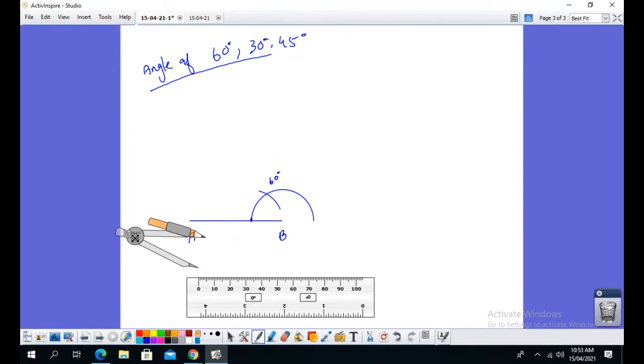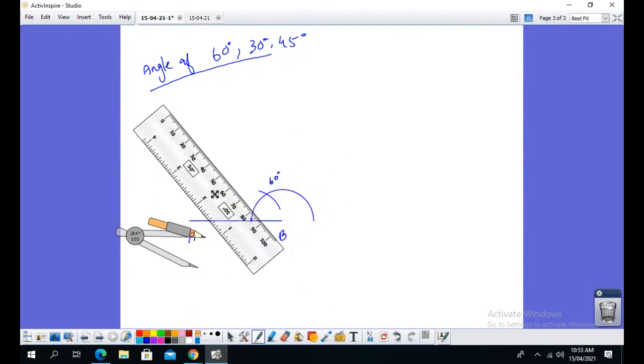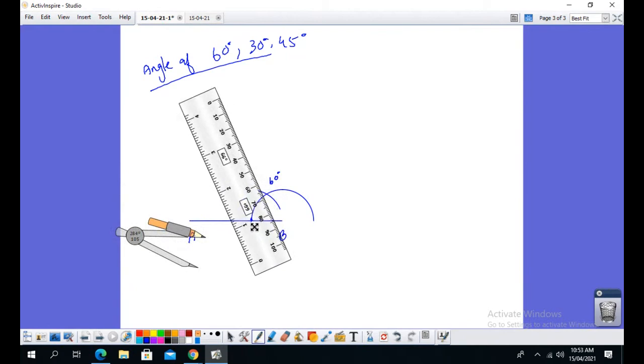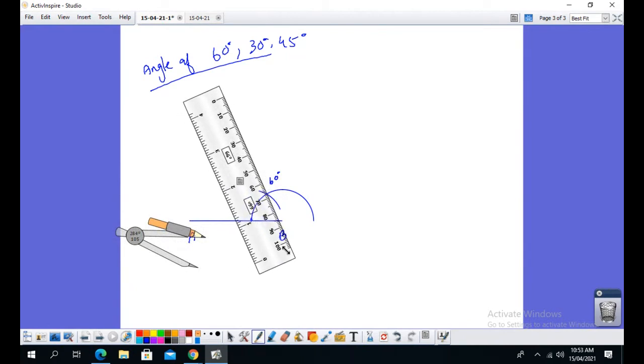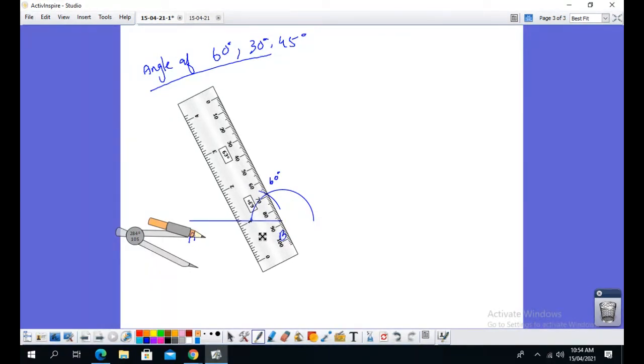Now with the help of scale, we have to draw angle. Okay.